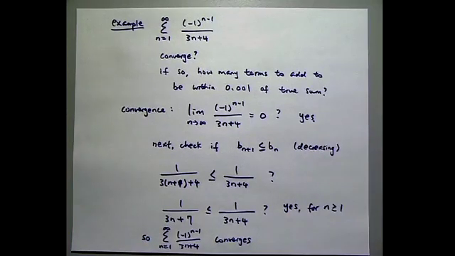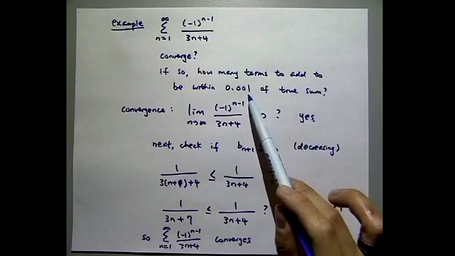Okay? So this thing is going to converge. Therefore, it's got a sum. And to find the sum, we just add a bunch of things together. We want to do that until we're within 0.001.